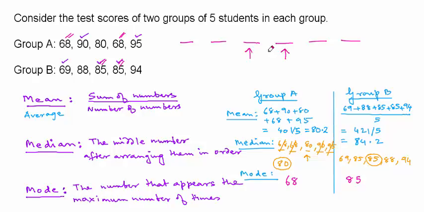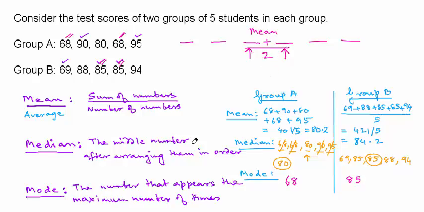When this kind of scenario comes up, when you have an even number of numbers in the set and you want to find the median, it's going to be the mean of the two middle numbers. So you add this and this up and divide that by 2. That is going to be the median.